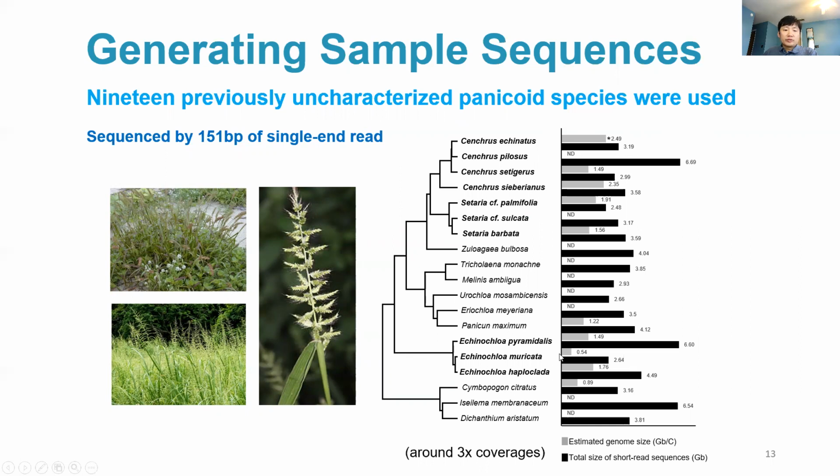This right figure shows the phylogenetic tree of the 19 panicoids, and the black bars show the total size of the sample sequences. And these gray bars indicate the estimated genome sizes, and the average genome coverage of the sample sequences was about 3-fold.